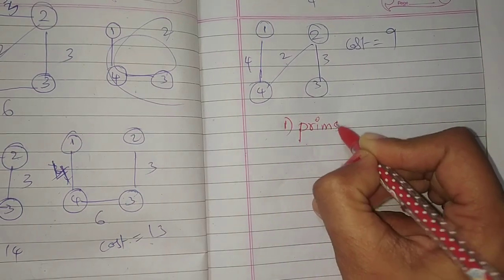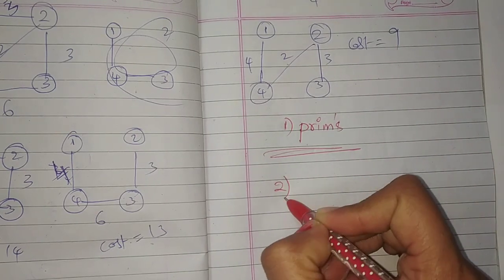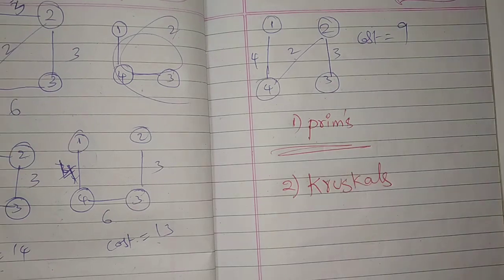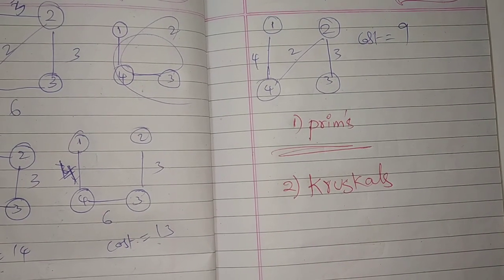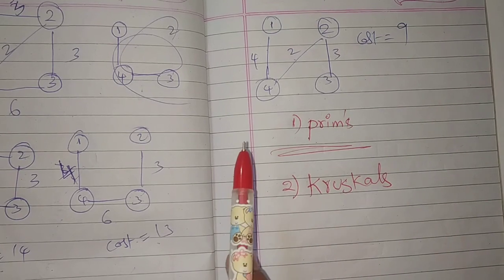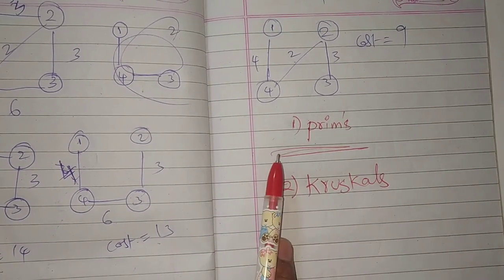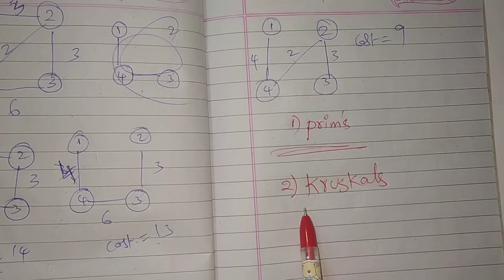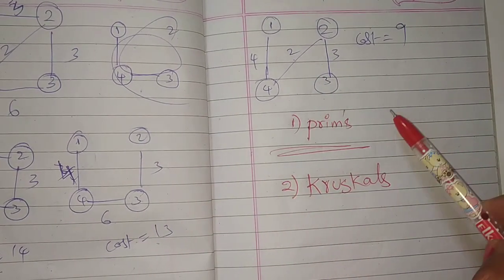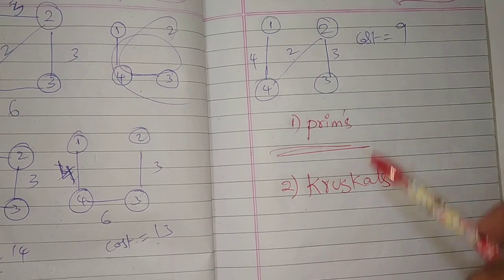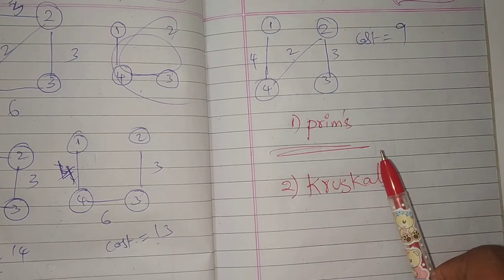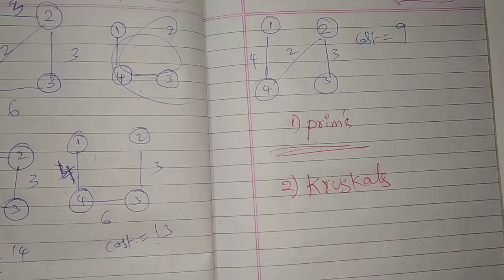And the second one is Kruskal's algorithm. These two we will use. So, to find the minimum cost of a spanning tree, we have two algorithms, Prim's and Kruskal's algorithm. Both are used to find the minimum cost of a spanning tree. Then how? With an example we'll see.